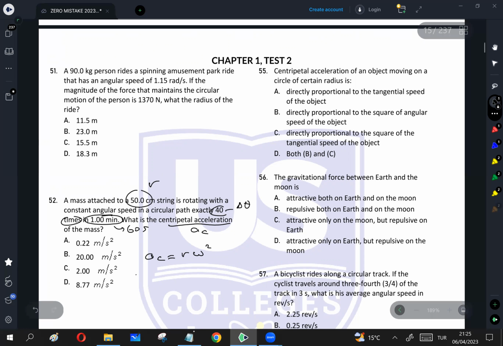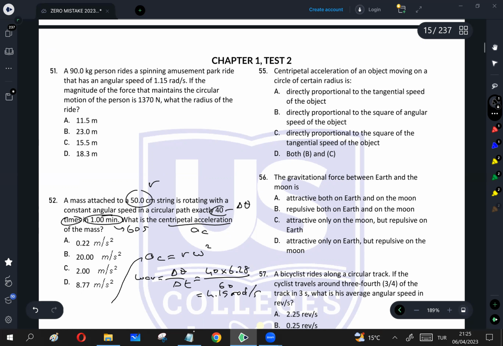It's moving at constant speed, so omega average will be equal to delta theta over delta t. Delta theta is 40 revolutions, and each revolution is 6.28 radian. We convert it to radians, divided by 60 seconds. Let's calculate omega first: 40 times 6.28 divided by 60. It is 4.19 radian per second.